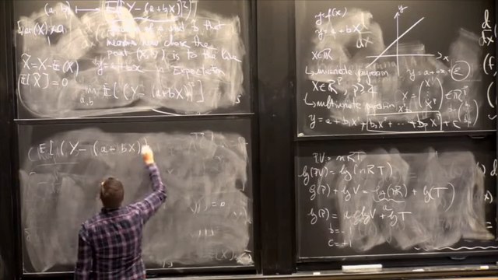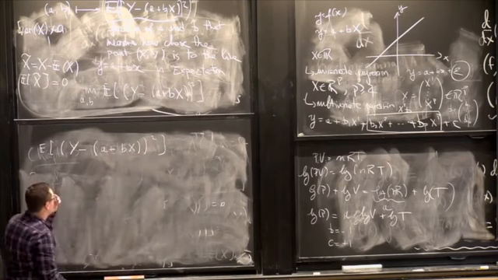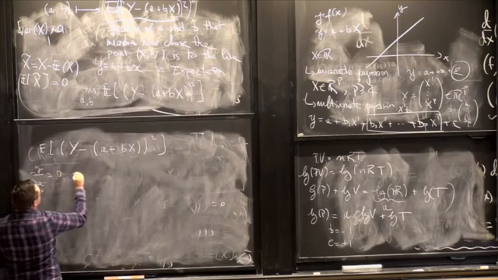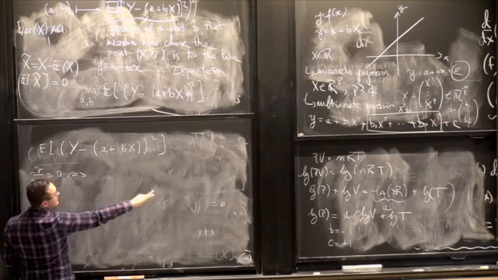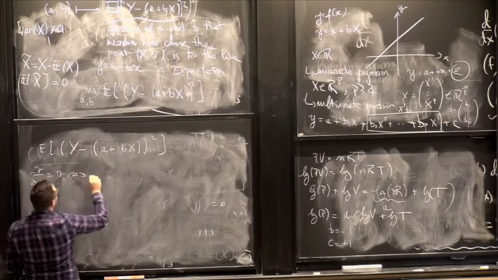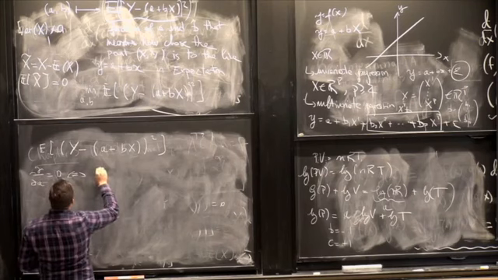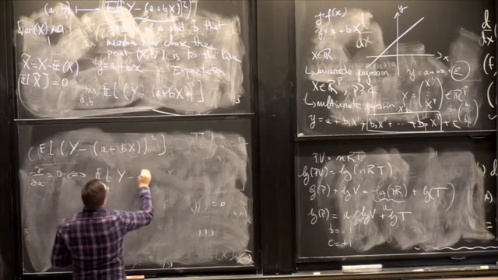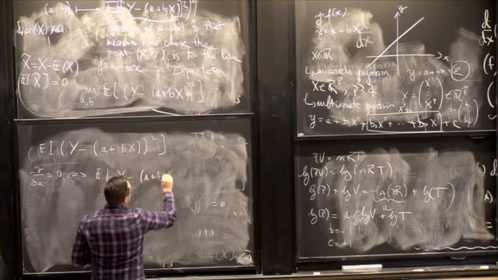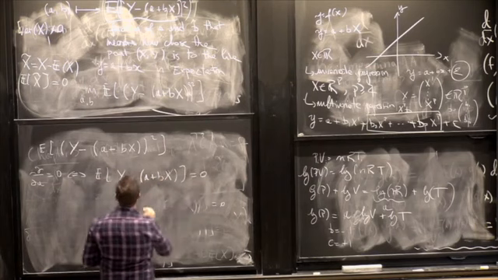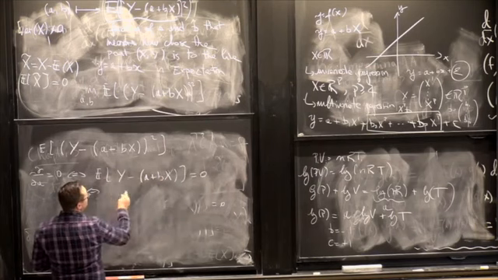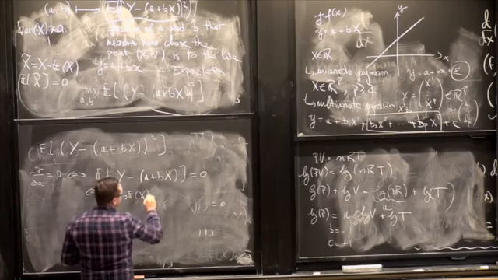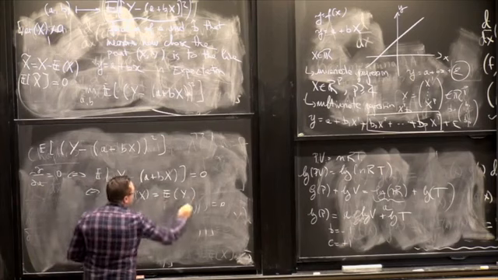Partial with respect to a equals 0 is equivalent to, so my minus 2 is going to cancel, right? So I'm going to forget about this. So it's actually telling me that the expectation of y minus a plus bx is equal to 0, which is equivalent to a plus b expectation of x is equal to the expectation of y.